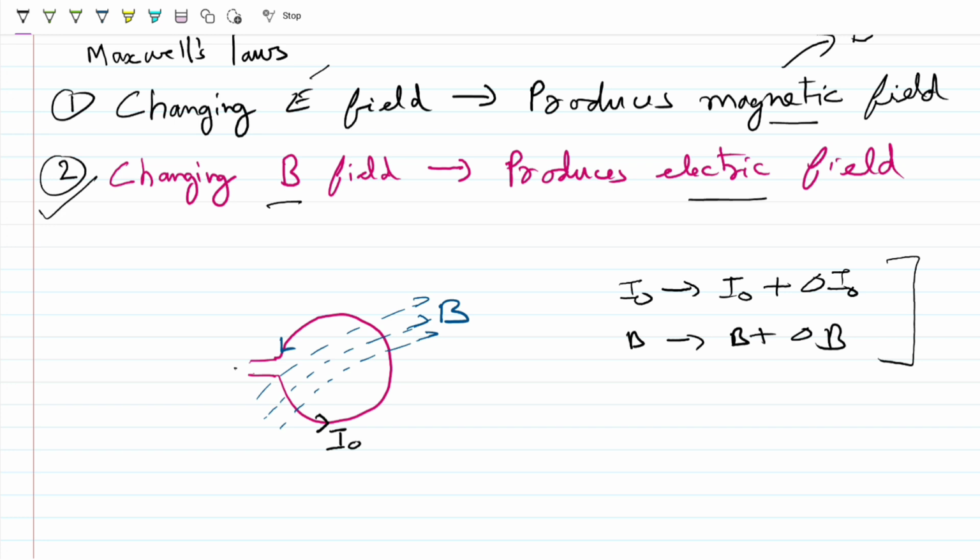The net result is that this electric field induces an EMF, or a voltage drop, in this loop, which opposes the increase of the current. The magnitude of this induced voltage in the loop is proportional to how fast the current is trying to increase, and that proportionality is called the inductance L.